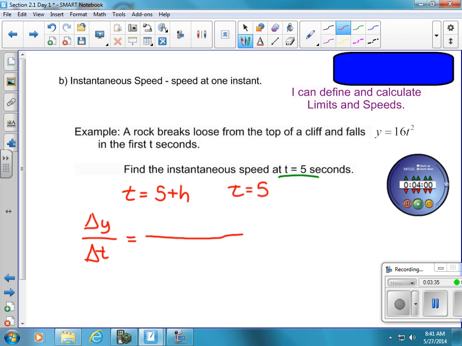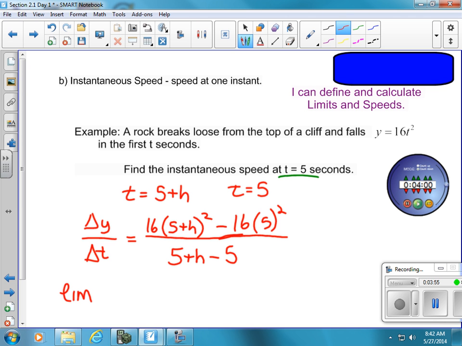The change in y is going to be 16(5 plus h) squared minus 16 times 5 squared, and we're going to divide that by 5 plus h minus 5. And what we're really going to do is take the limit of this as h gets smaller and smaller, which means h going to 0.